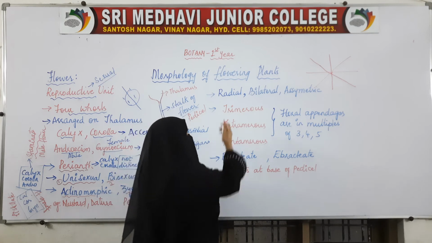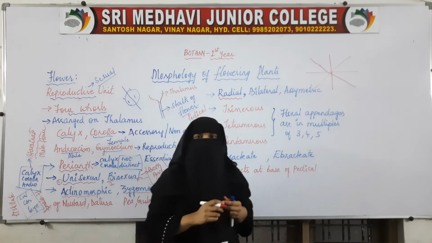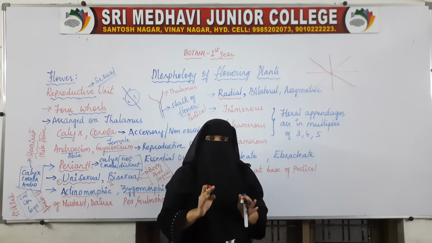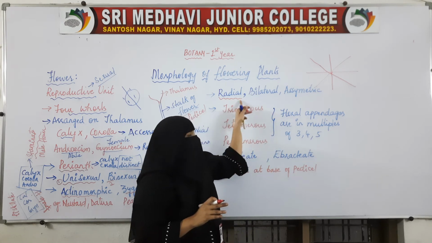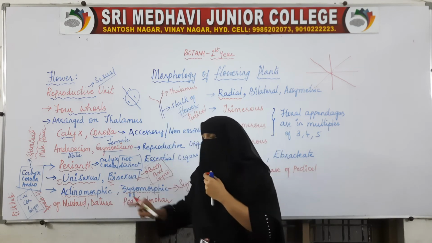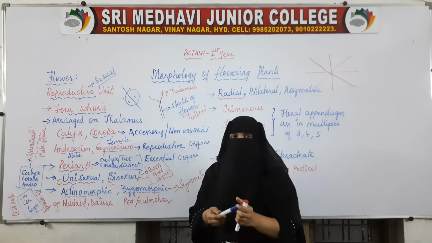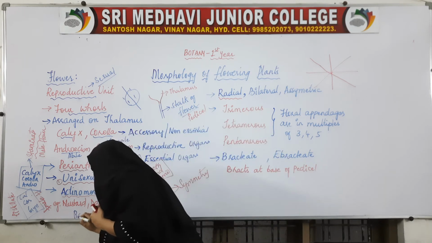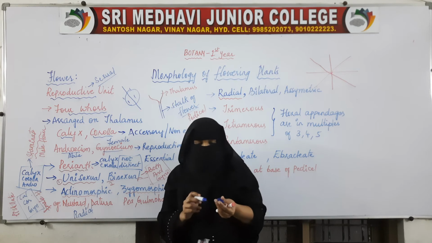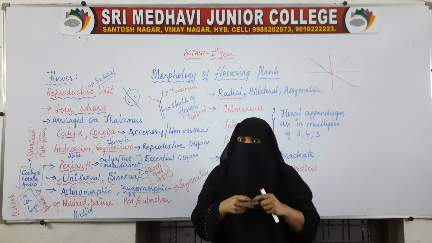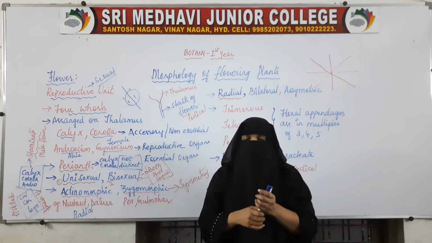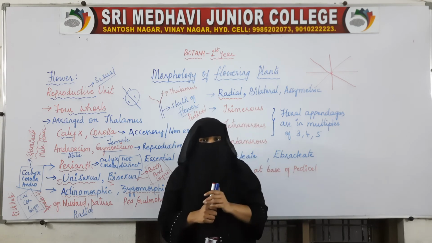Examples of such flowers are mustard flower and datura flower, which can be divided into two equal parts in any plane.